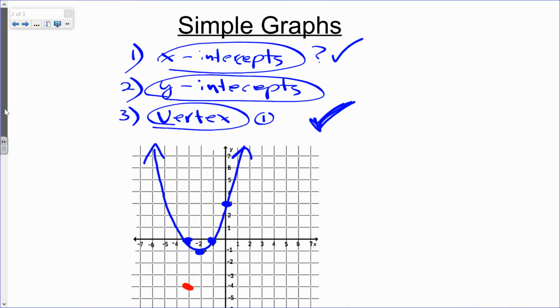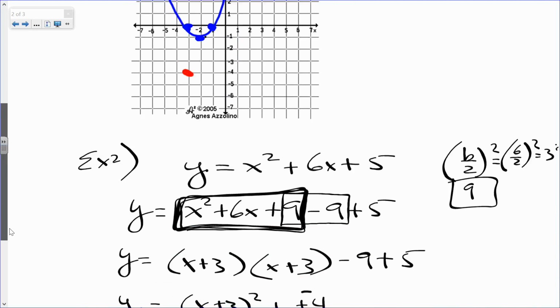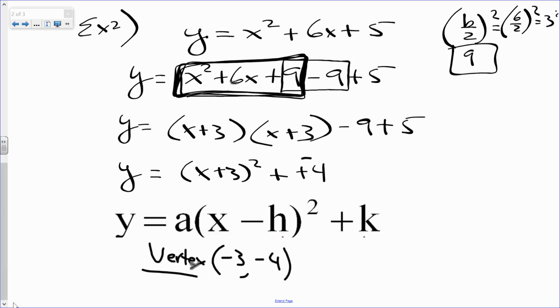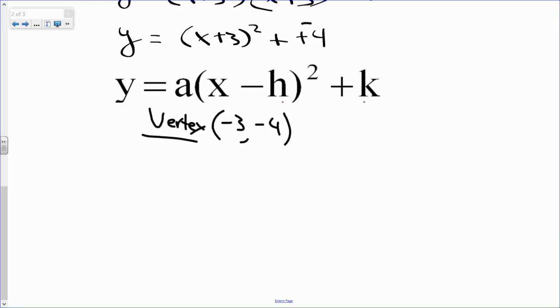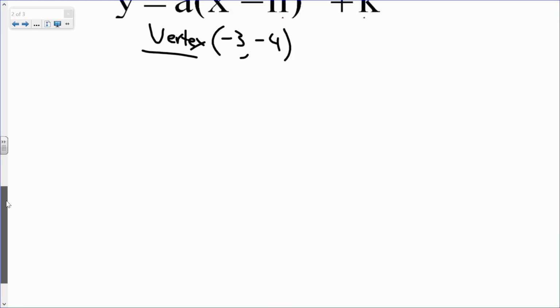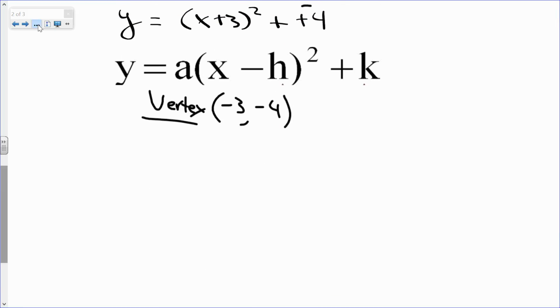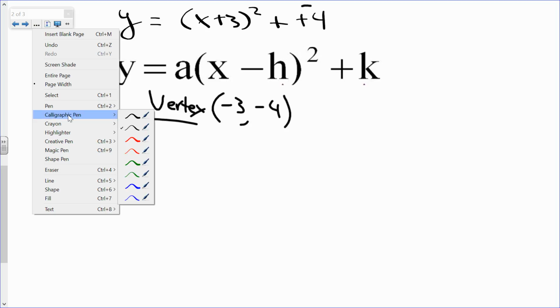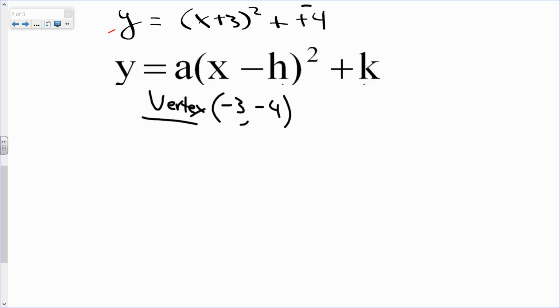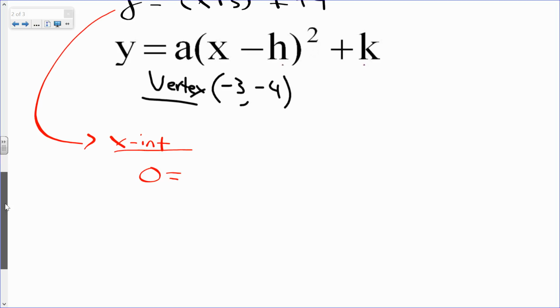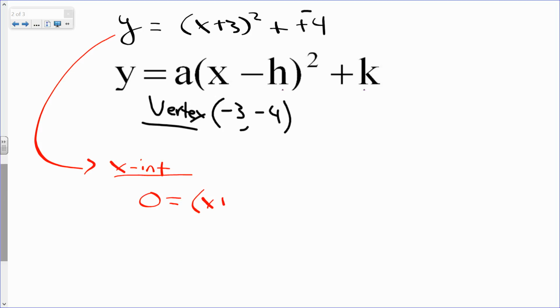Let's find the x-intercepts now. So I'll replace y with 0. So x-intercepts, here we go. So 0 equals x plus 3 squared plus a negative 4.